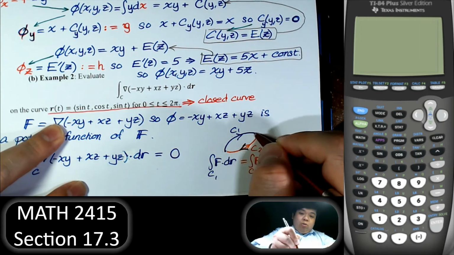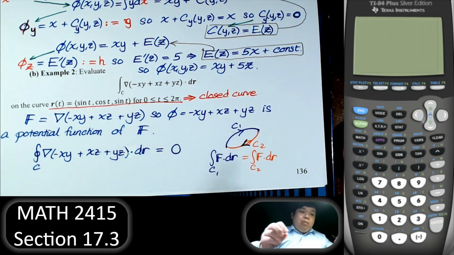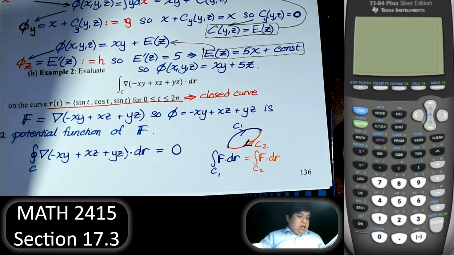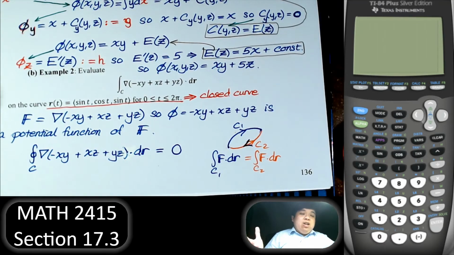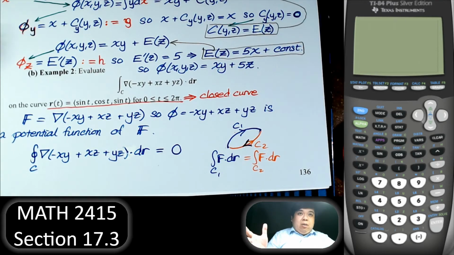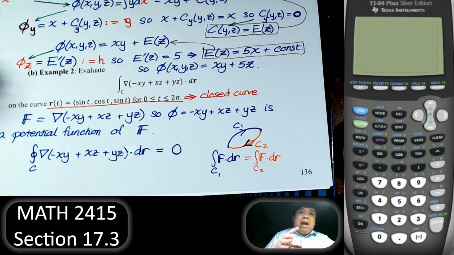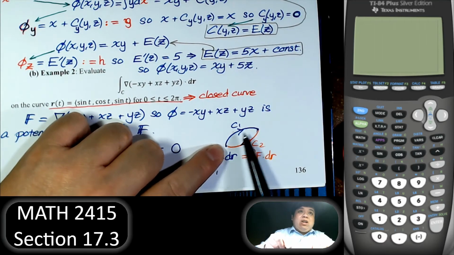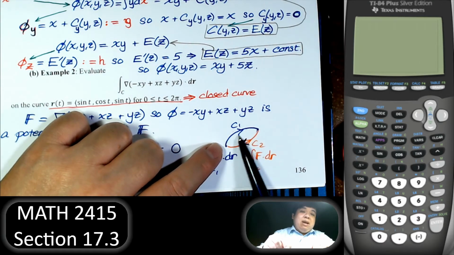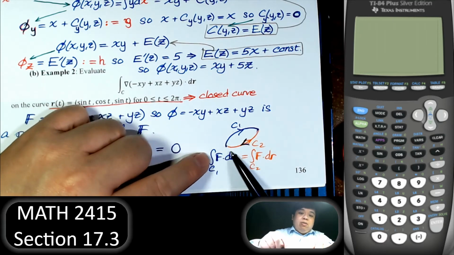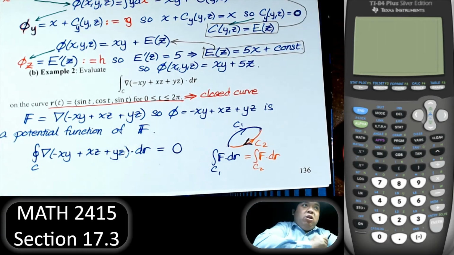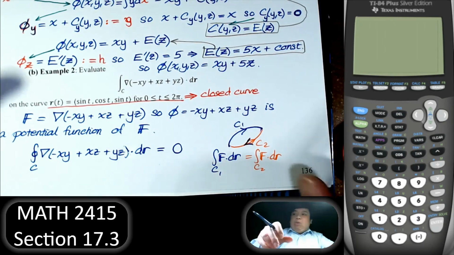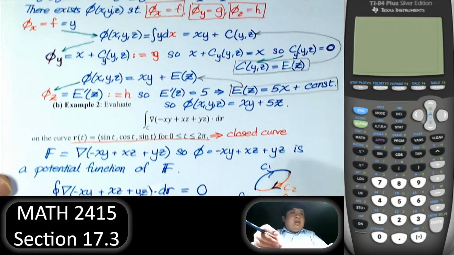So if we go like that and get back to the same point, that equals 0. So if there is a potential function, the fundamental theorem of line integrals says it's independent of path. And if it's independent of path, then we can go one direction or the other and they will be the same. If we reverse one of them, positive and then negative, that's why it is equal to 0. Right, so that's why we don't have to do much on that problem.